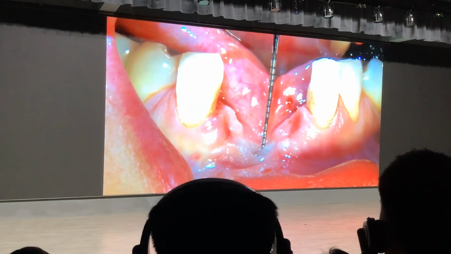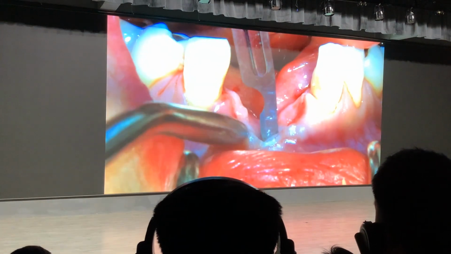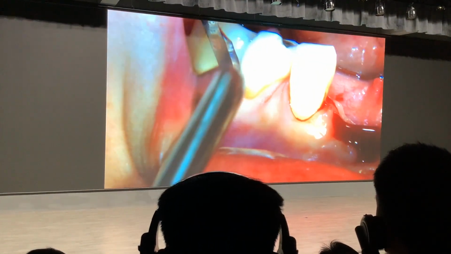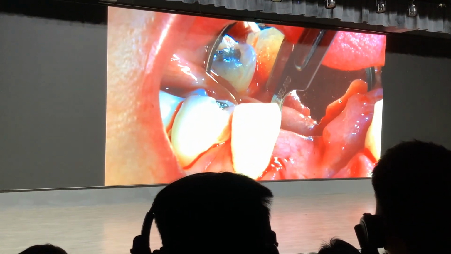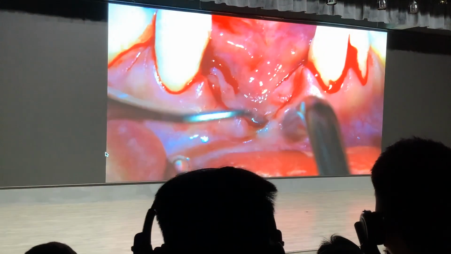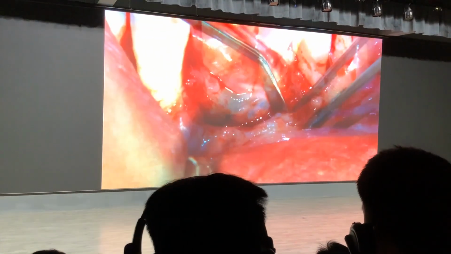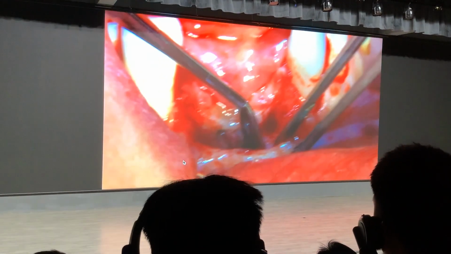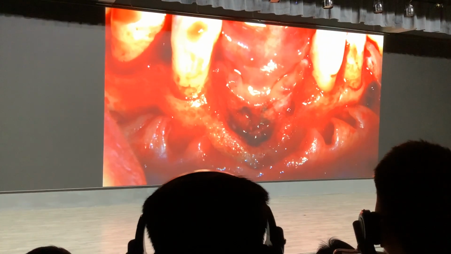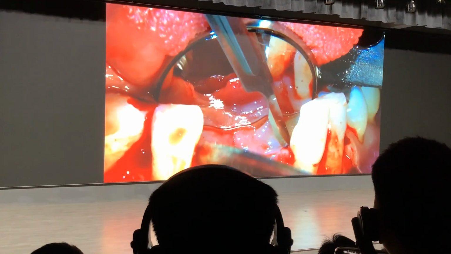Okay, let's take a look at this. You go all the way down, all the way down. Okay, now mini vertical incision here.